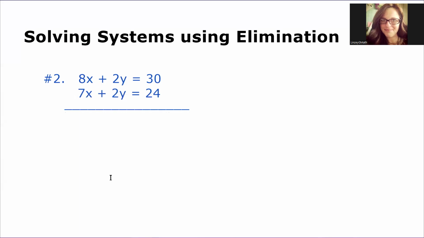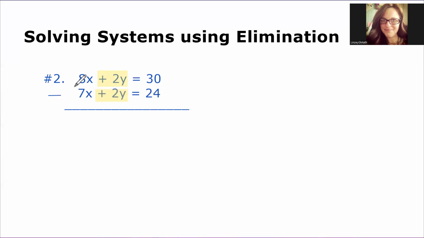This time, notice, we have positive 2y and positive 2y. If we were to add these together, we would get 4y. So we're not going to add this time. When signs are the same, we'll subtract.